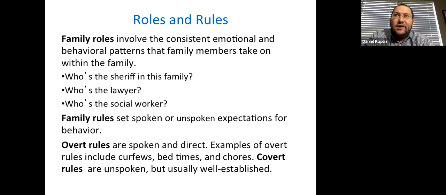So let's say there is corporal punishment happening in the home, the child is getting spanked, the child goes to school, there might be an unspoken rule of a conspiracy of silence that we just don't talk about that. So what happened? Why do you have this bruise? I don't know, I must have bumped into a wall or whatever. You make excuses because we don't talk about that, right? So there might be unspoken expectations or rules within the family too.